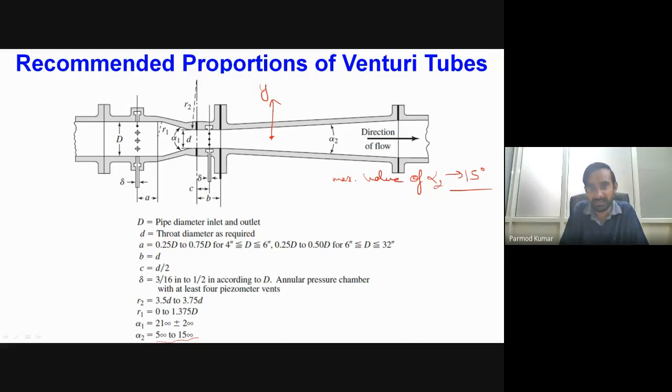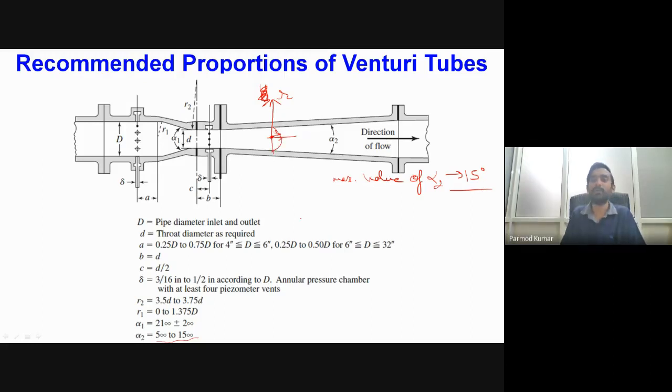At the wall, by considering the no slip boundary condition, we have zero velocity, and at any other radial location we have certain velocity, which increases as we move towards the center. So we find a velocity profile something like this.